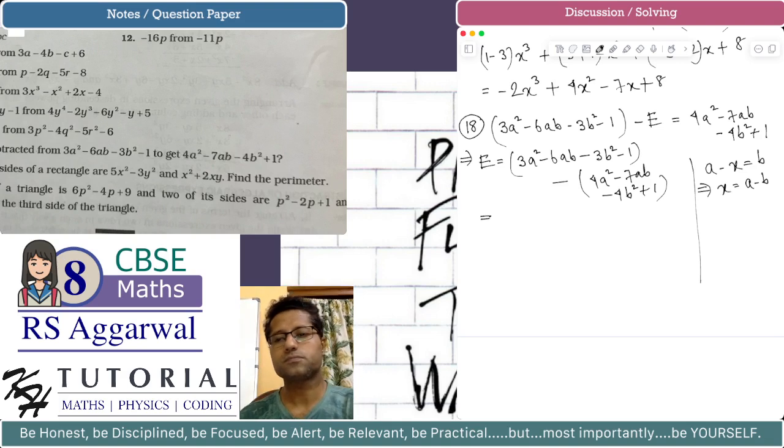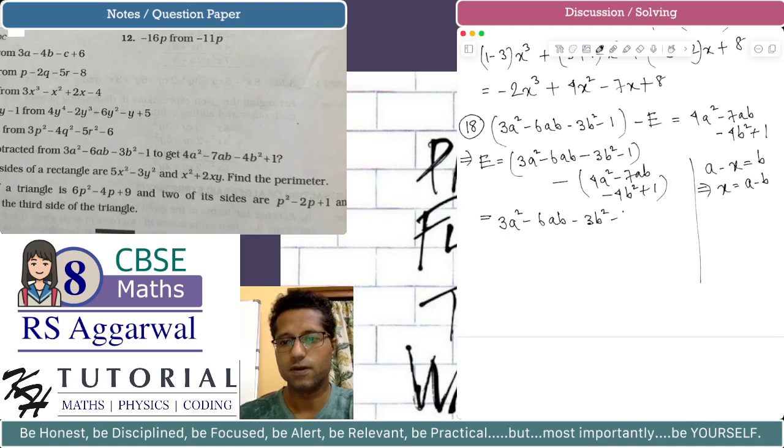So this is a subtraction of two algebraic expressions. The first bracket will open as it is because there is no negative sign before it. So we have 3a square minus 6ab minus 3b square minus 1.